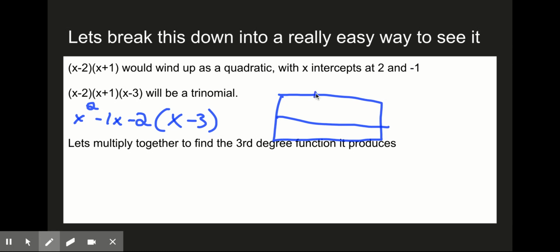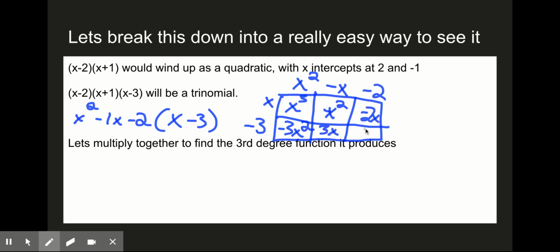All right. Where I need to worry about x and -3, I need to worry about x squared, -x, and -2. So x cubed, -3x squared, -x squared, 3x, -2x, and 6.